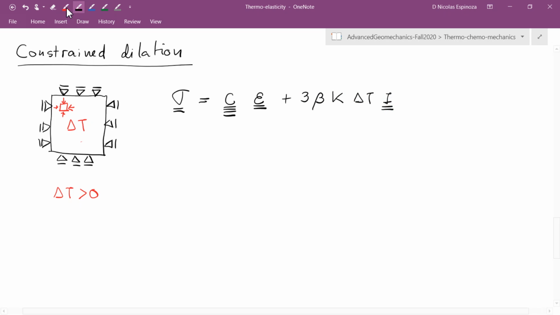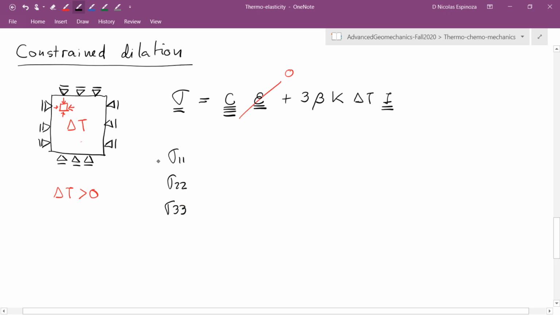All right, in this case, the strains are going to be 0. So I'm going to get rid of that term. And actually, the solution is going to be quite simple, because I already have the stress over here, and this is going to be the answer. Again, in this process, I'm going to ignore the shear stresses, because if this is isotropic, I'm not going to generate any shear stress.